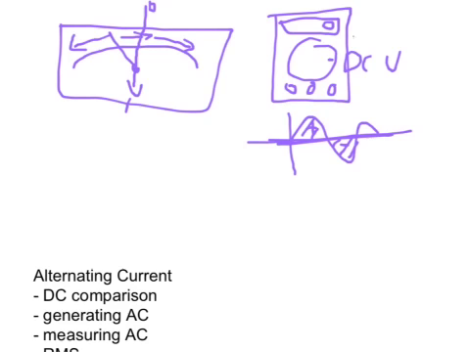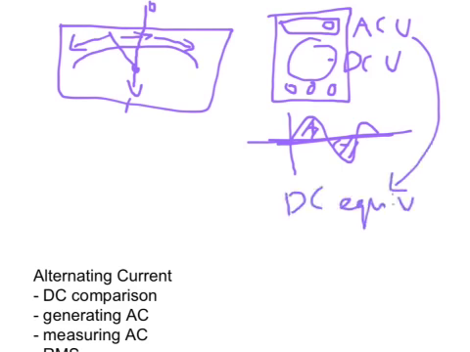However, if you set your meter to AC voltage, you would actually get a reading, and you would get what we call a DC equivalent, which is very useful. It's what we would call the RMS voltage.